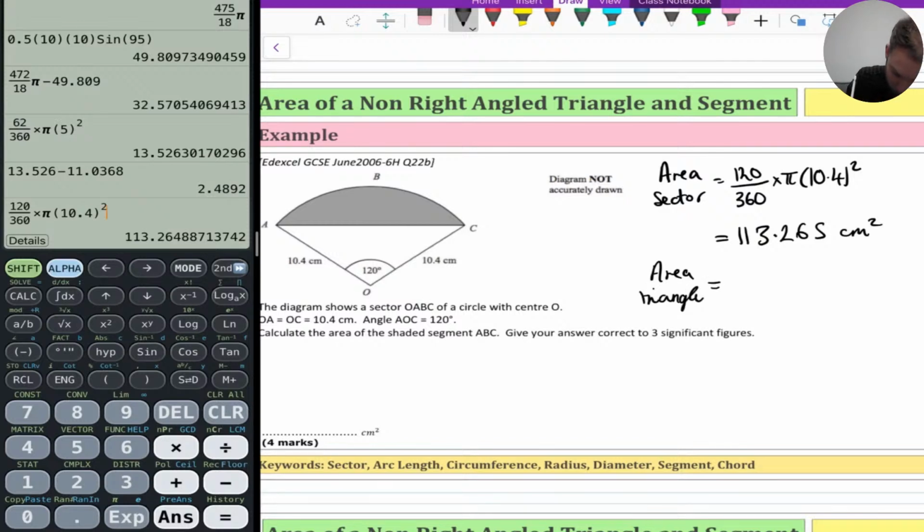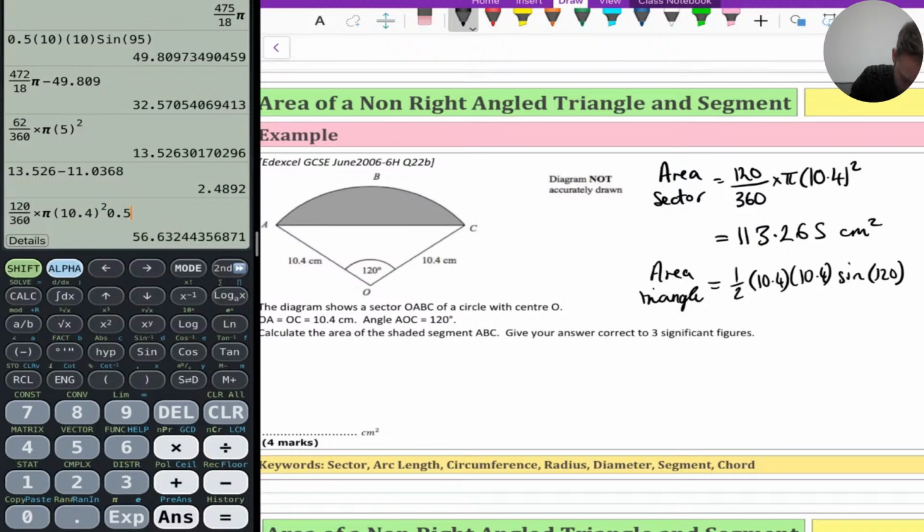So the area of the triangle is equal to a half times 10.4 times 10.4 sine of 120.